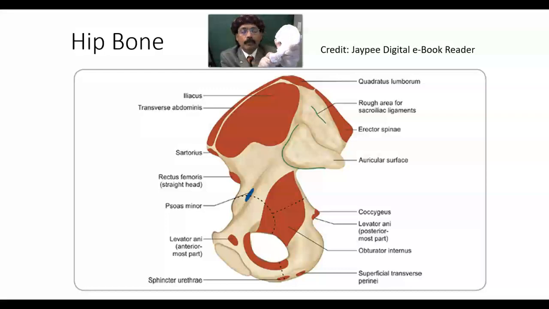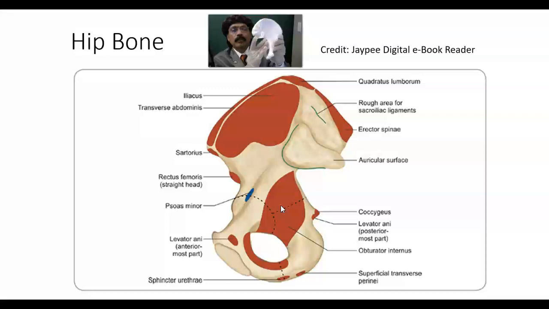Okay, we are going to the inner surface here, the pelvic surface of the ilium. Here is the ilium, and we're going towards the ischium here, and we have a very big origin of the obturator internus muscle. This is the obturator internus.